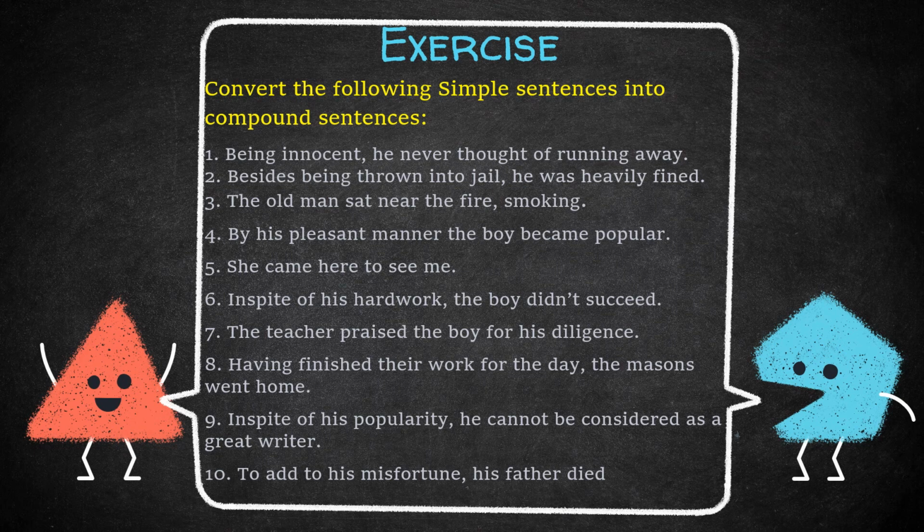Answer: he was not only thrown into jail but also heavily fined. Third, the old man sat near the fire, smoking. Answer: the old man sat near the fire and smoked. Fourth, by his pleasant manner, the boy became popular. Answer: the boy had a pleasant manner, so he became popular.